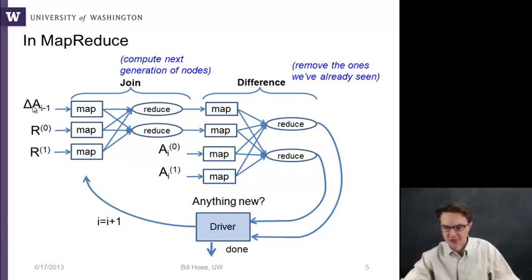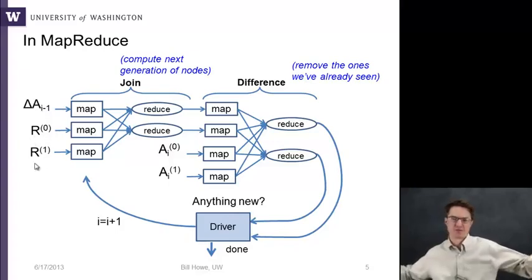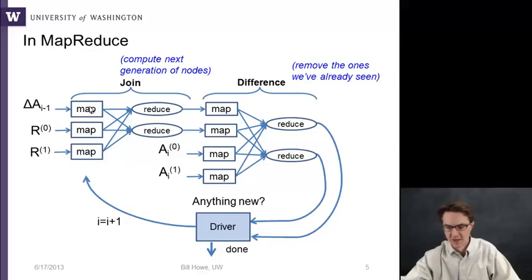What happens with the join is we have the delta A from the previous iteration, along with the very large edge relation. This is billions of edges, perhaps, spread across all sorts of computers. We process them all in parallel, spray them across the network, and implement the reduce phase in order to compute the join.